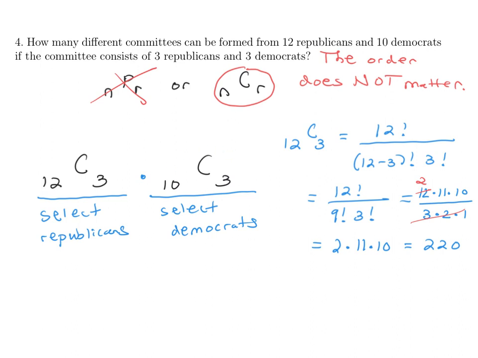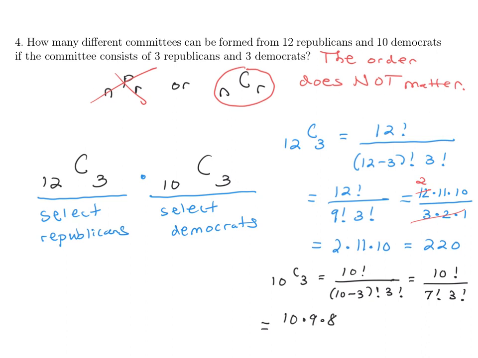So we want to figure out, what is 10 choose 3? According to the formula, that's 10 factorial divided by 10 minus 3 factorial times 3 factorial. So this is 10 factorial divided by 7 factorial times 3 factorial. 10 factorial is 10 times 9 times 8, and the second that you get to 7, it'll cancel with the 7 factorial in the denominator.